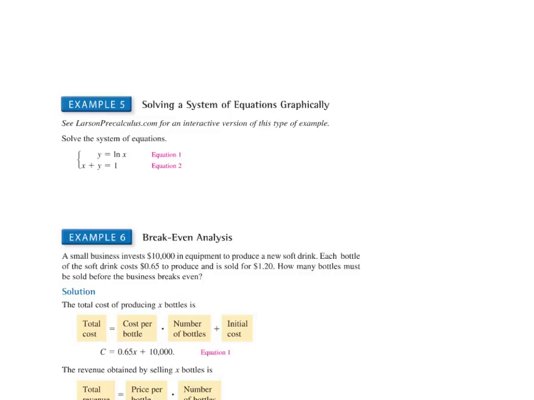Okay. The last type that I really want you to do is solving by graphing in your graphing calculator. What I'm going to have you do is graph these out. If you don't remember where the ln button is, it's right above store or right below log. Graph both, and then if you find the solution, it's the intersection. If you don't remember how to do this, come and see me, and I'll work through it with you.